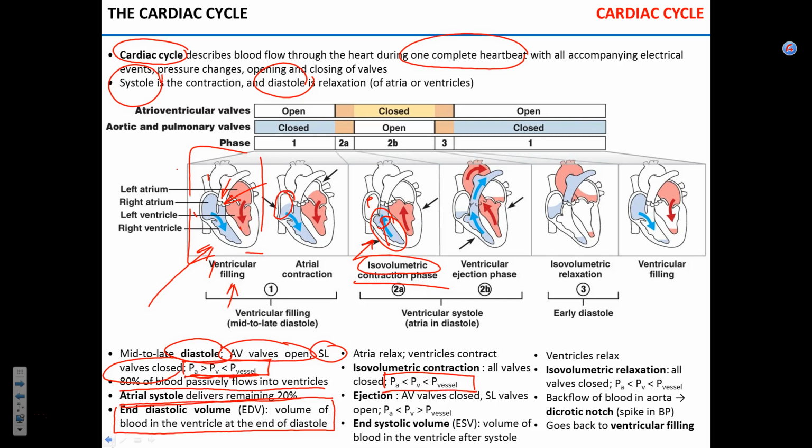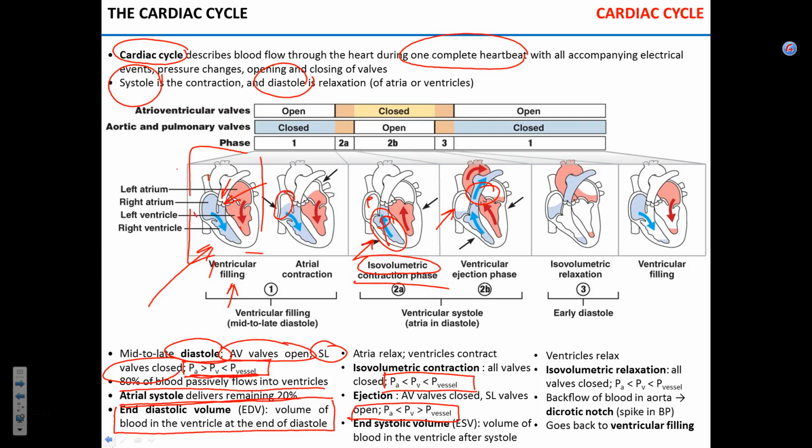Now, ventricle continues to squeeze. What happens to the pressure in the ventricle? Keeps rising, and at some point, ventricular pressure becomes the highest. It becomes higher than in the vessel, and it stays higher than in the atrium.